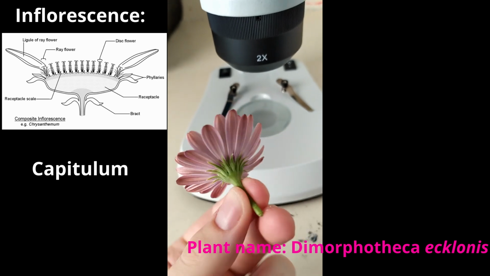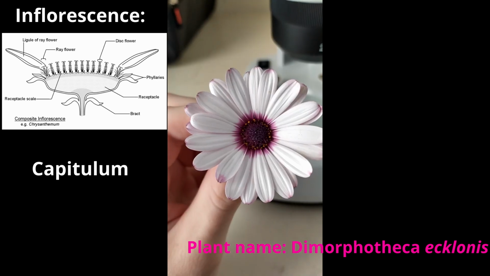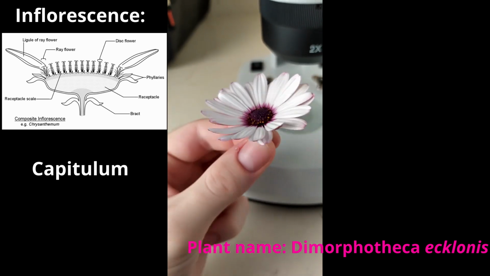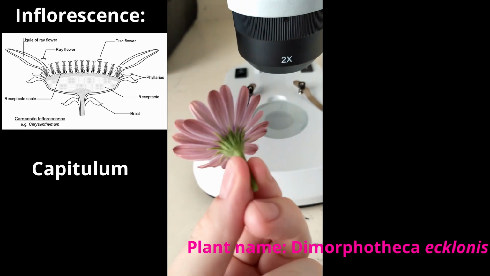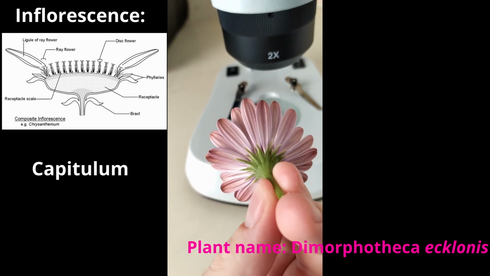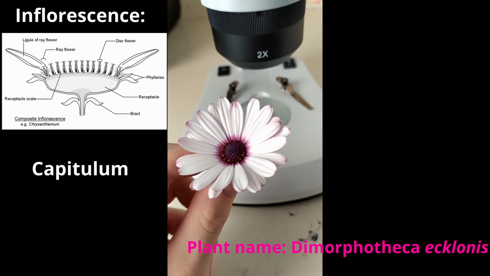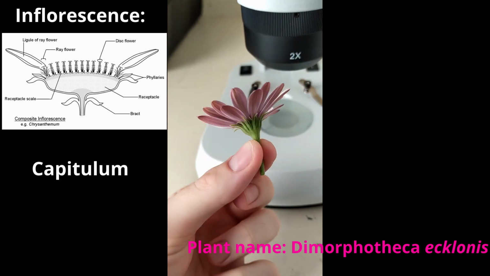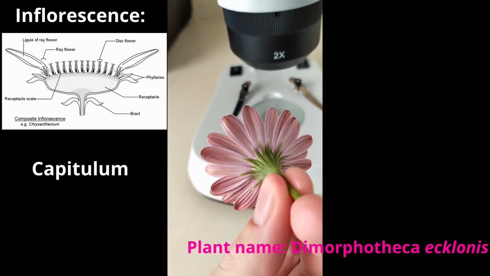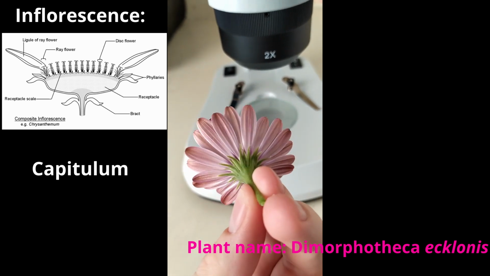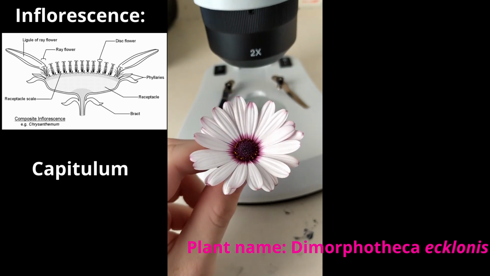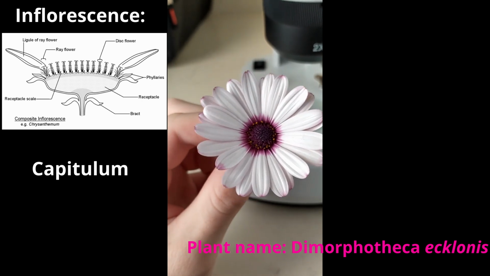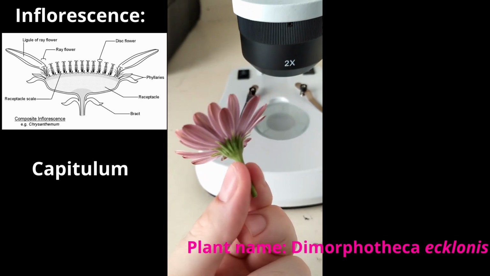I have this diagram here, as you can see, that explains a little bit better this inflorescence that this plant has. Inflorescence is how the flowers are placed up top of the plant, and this particular inflorescence is the capitulum. So, in the capitulum inflorescence, you have all the flowers placed on a flat disc.